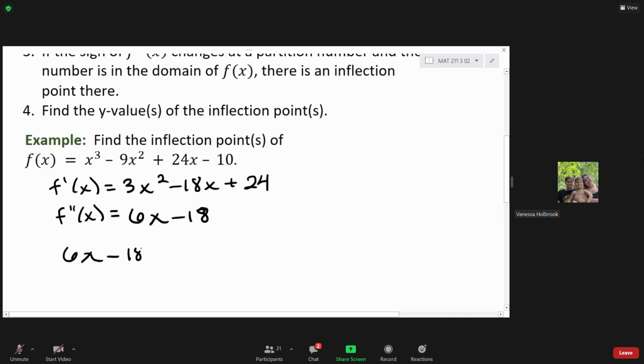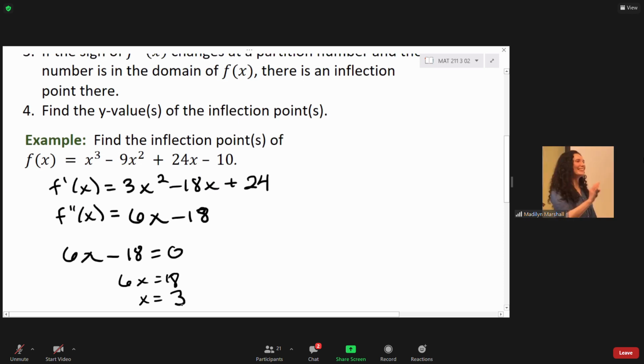Yes, exactly. So there's only one partition number here, and that is at x equals 3.